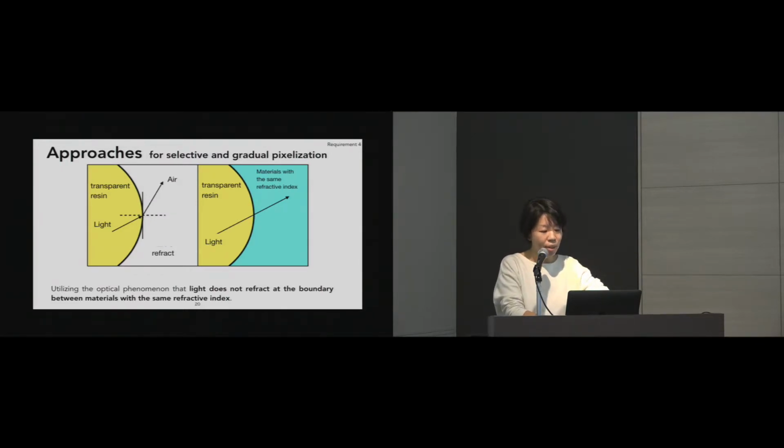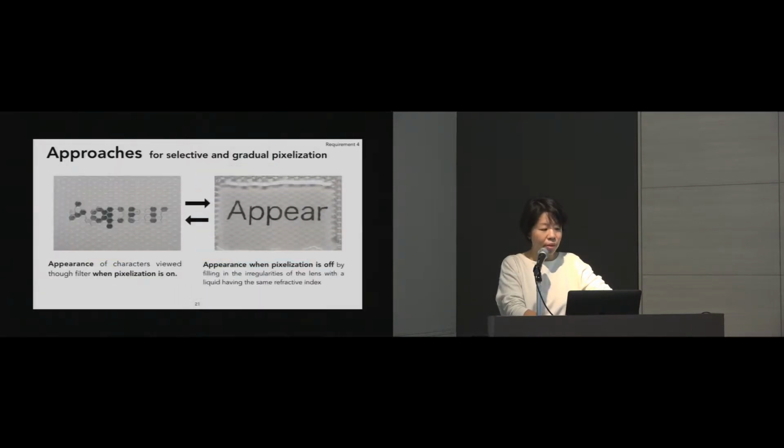Second, to make the pixelization selective, we exploit the optical phenomenon that light doesn't reflect at the boundary between materials with the same refractive index. As shown in the figure on the right, by filling in the irregularities of the lens with a liquid that has the same refractive index as that of the transparent resin, no refraction occurs at the boundary of the lens, and the enlarging effect doesn't occur.